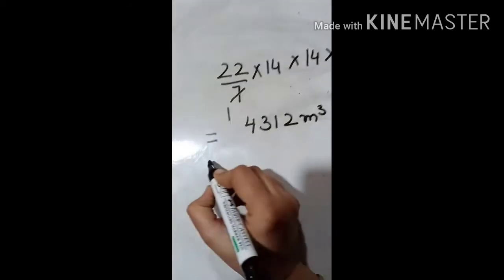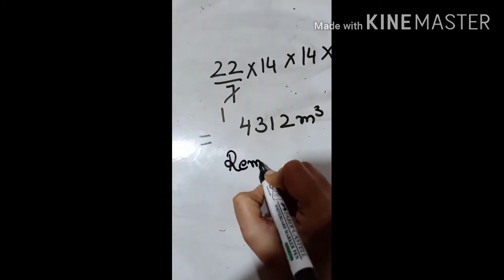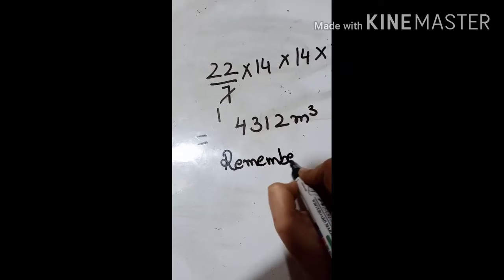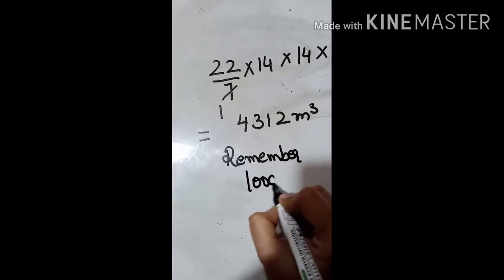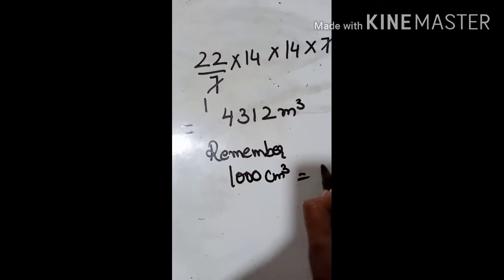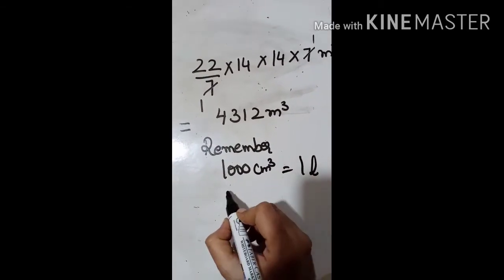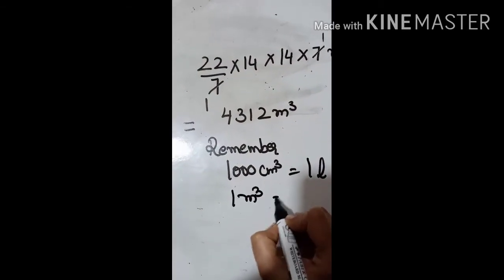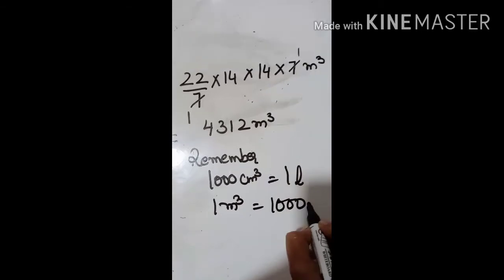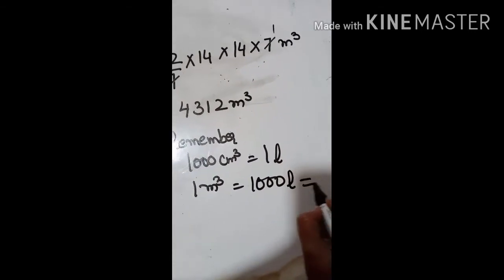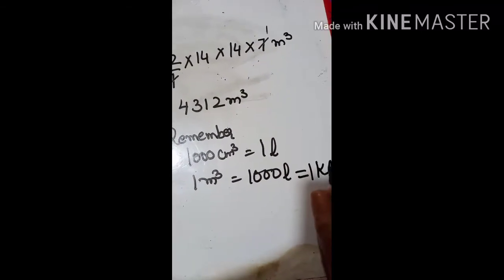For that you must remember a relation that 1000 centimeter cubes make 1 liter. 1 meter cube is equal to 1000 liters and 1000 liters make 1 kiloliter.